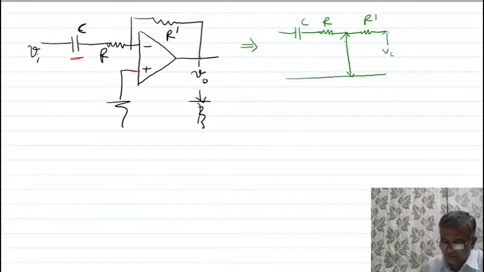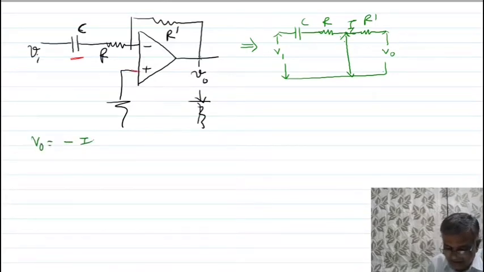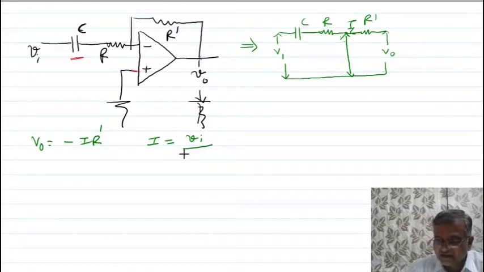Here we have the output voltage VO, here the input voltage VI, and here the current. So VO is minus IR dash. You know that the input current also flows in the output section, so I can write it accordingly.